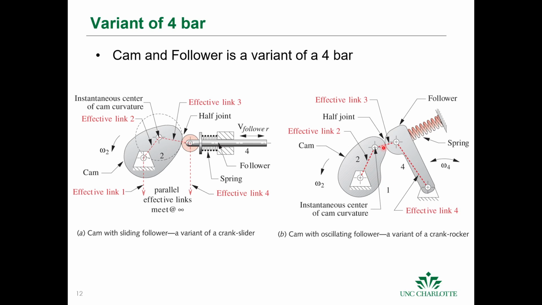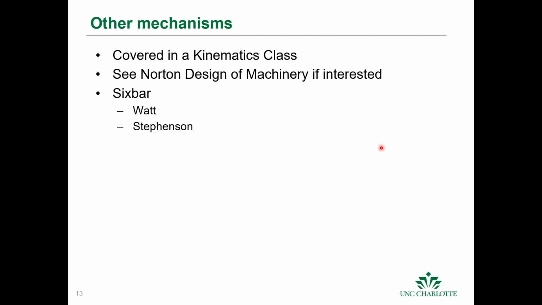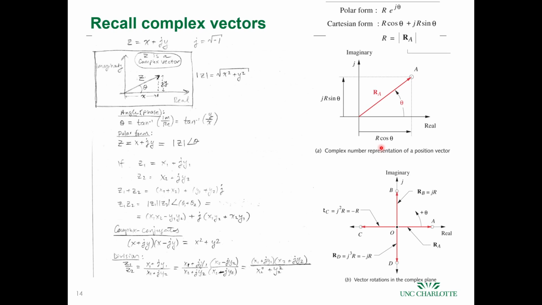All right. So there are other common mechanisms you might hear of, which are 6-bar mechanisms, the Watt and the Stevenson. Okay, so take an advanced dynamics class or kinematics class, or get yourself the Design of Machinery book if you're interested.